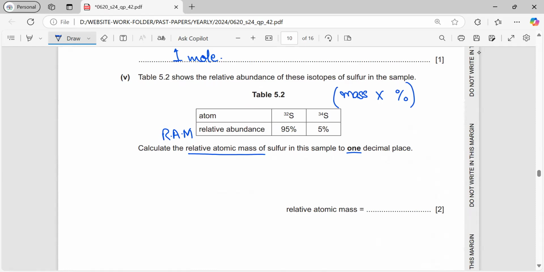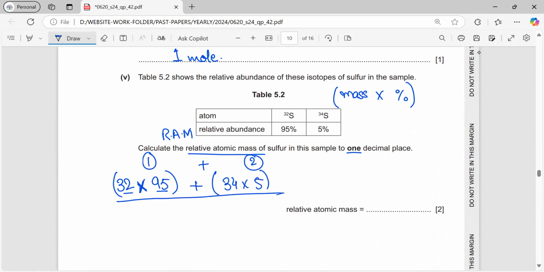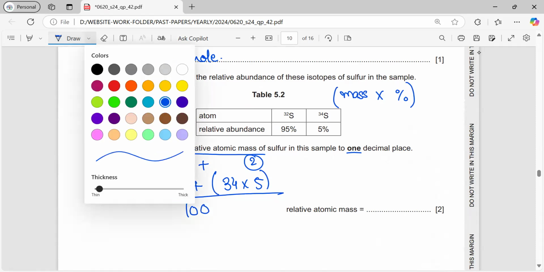So here we have two isotopes, isotope number 1 plus isotope number 2. Isotope number 1 will be 32 multiplied by 95 because we multiply its mass with the abundance. So 32 multiplied by 95 plus 34 multiplied by 5, and we'll divide this whole by 100 because it's a percentage.